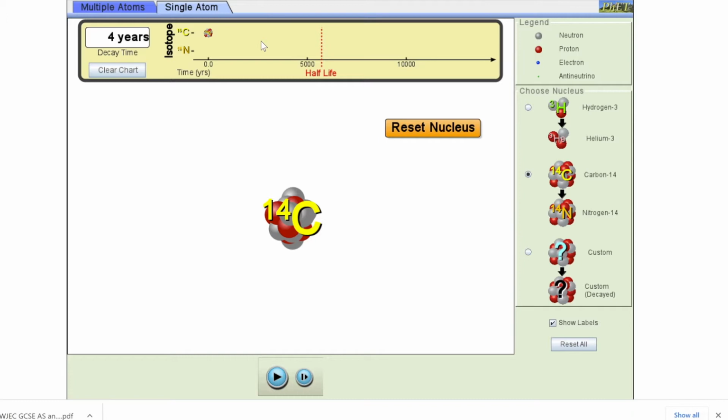You don't know which bubble is going to pop next. And in a sample of carbon-14, you don't know which carbon-14 atom is going to decay next. I'm going to click on play at the bottom here, and I just want you to keep your eye both on this atom and what happens here.